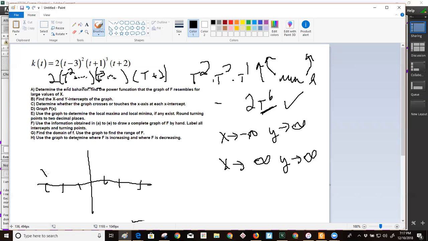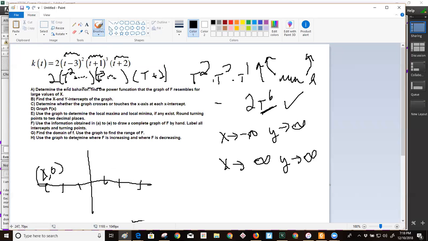It's going to be some x value and y is 0. So what I basically have to do is go back up to my function and ask myself, when is this piece equal to 0? Because if that piece is equal to 0, the whole expression is. The same thing here on this piece. When is that equal to 0? The whole expression will be at that point. And the same thing at 2.